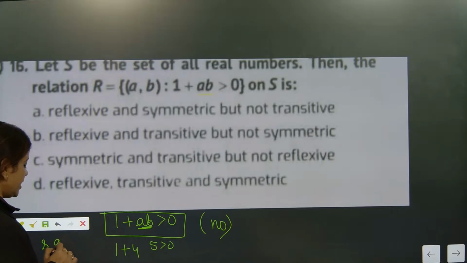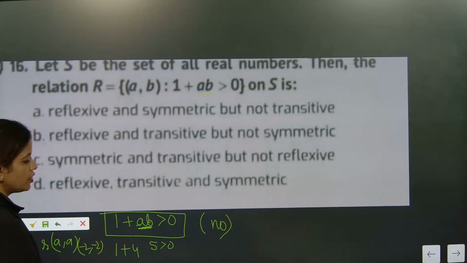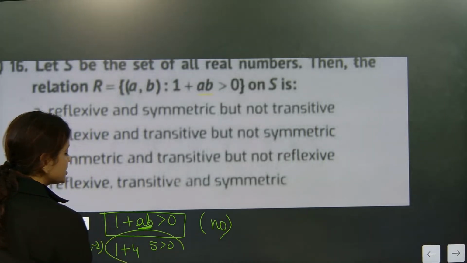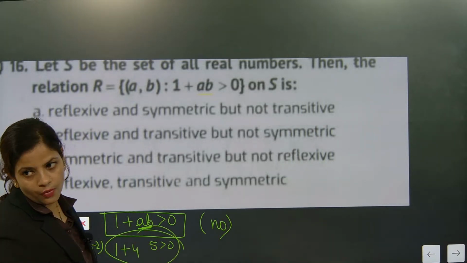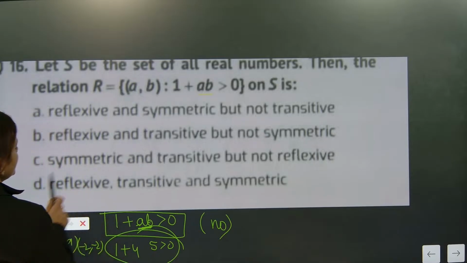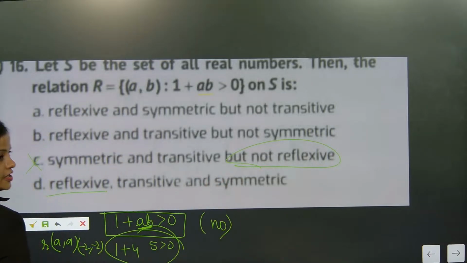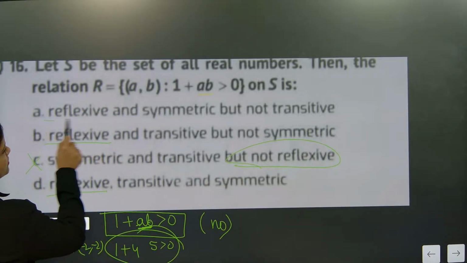So if it is minus 2, the other number will also be minus 2. Minus 2 times minus 2 will become plus 4, plus 1 will become 5, and 5 is always greater than 0. I hope you have understood. So here it is 100% reflexive. The option that says it is not reflexive is wrong. Understood?